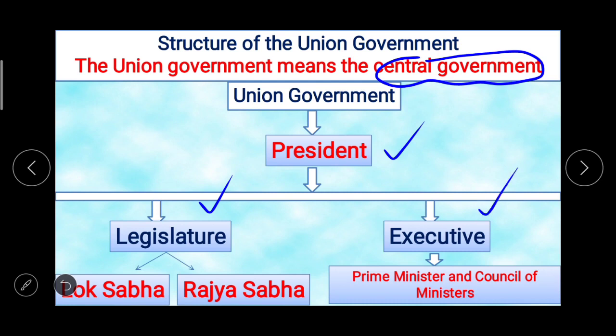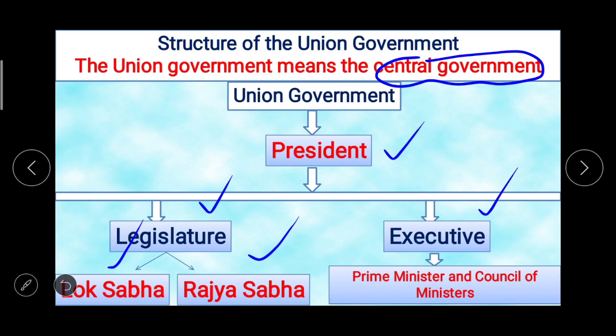In the last chapter, we discussed the Lok Sabha and Rajya Sabha. And by that, you know that the Legislature, Executive and Judiciary are the three organs of the state, and that they work for the welfare of people.